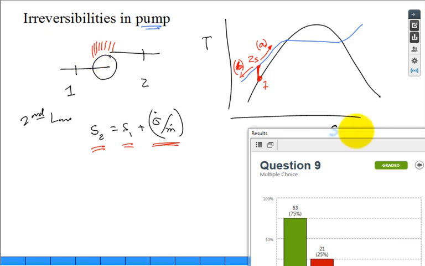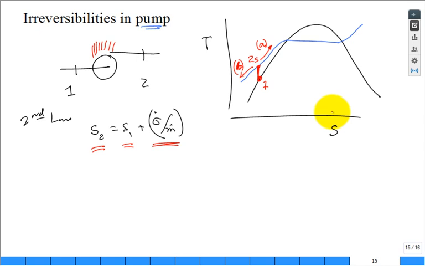So you're going to find that 2 actual will be something over here. And again, I exaggerated 2 actual. It will have a slightly higher temperature than 2S, not a lower temperature, a higher temperature because of the friction and the irreversibilities in the pump. And a slightly higher S. The S goes up.